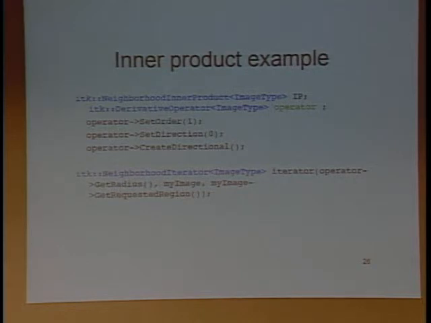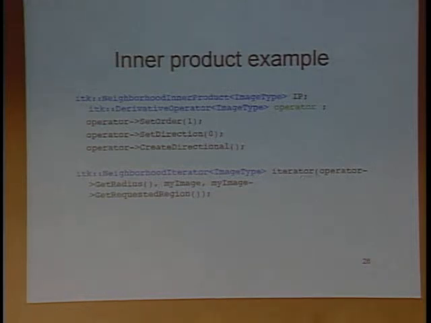This will give you a kernel to calculate the partial derivative with respect to the first dimension, and then create that operator with length only in the specific direction, that's the first direction.